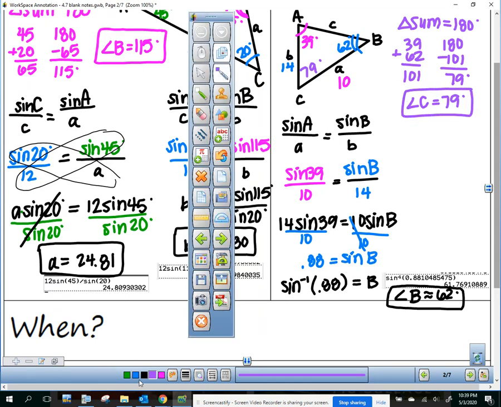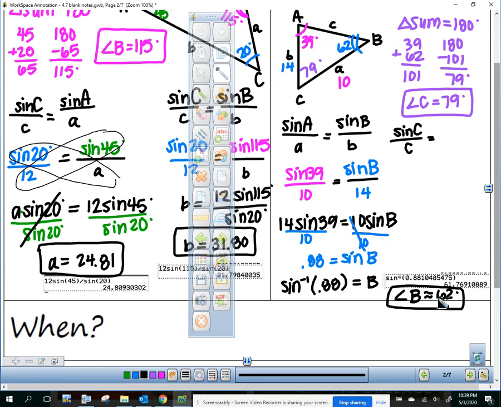So now all that's left to find is side C. Again, I'm not going to use angle B because B was just found. I'm going to use what was given, which was A. So there, plug in, angle C is 79, angle A is 39, and side A is 10.